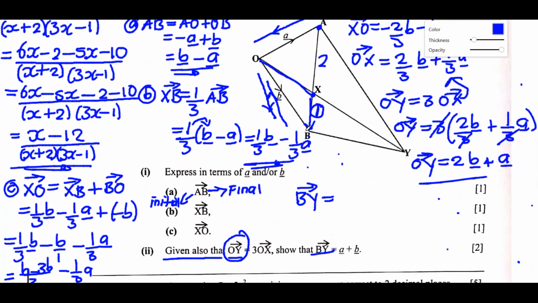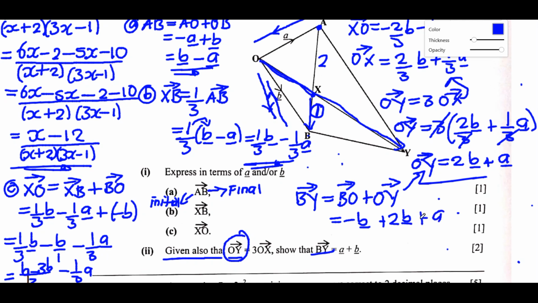We can move B to O plus OY. Remember OY, we have it, so we can use this route. So B to O is negative B plus OY, which is 2B plus A.